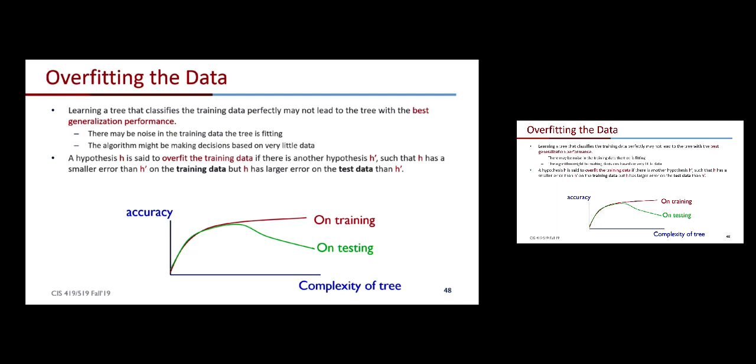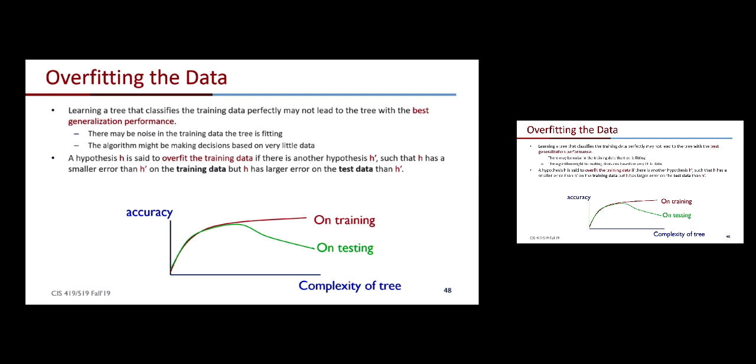So we define overfitting by looking at these two curves. As a function of the complexity of the tree, we want to look at the accuracy of the hypothesis. And we're going to get to it later today. We define some measure of accuracy.